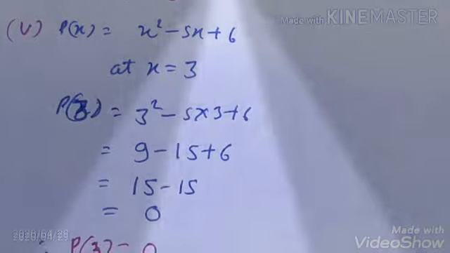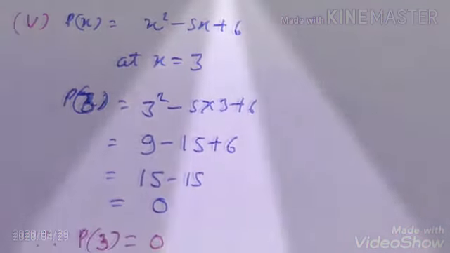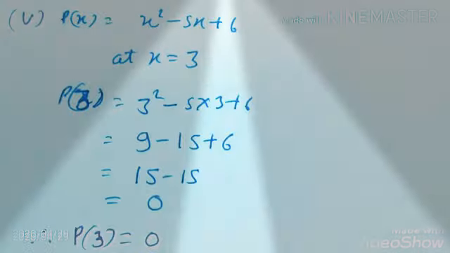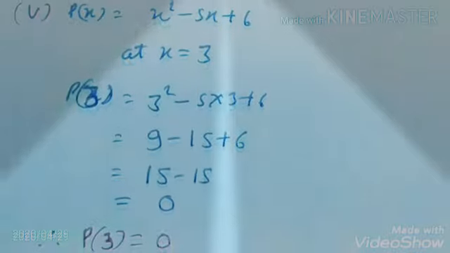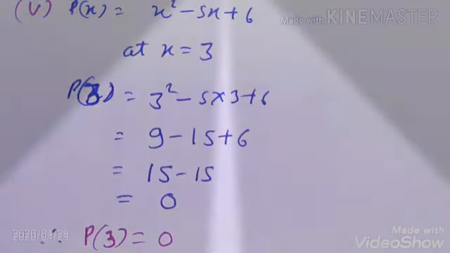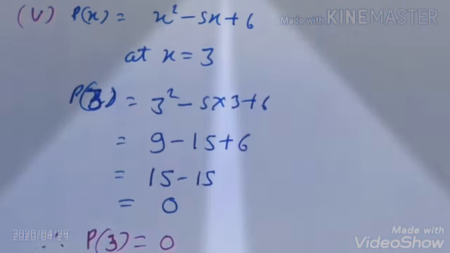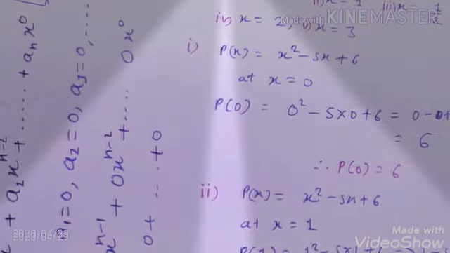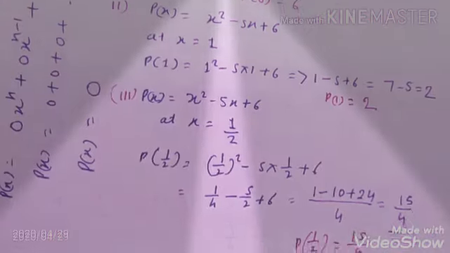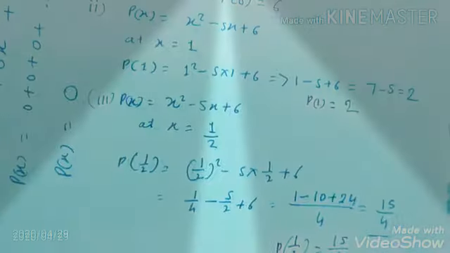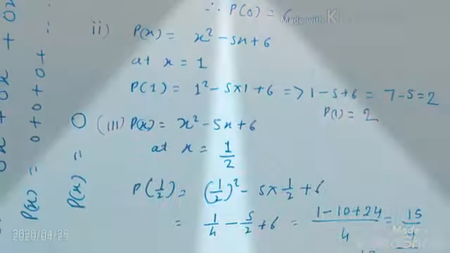So in this way, we have calculated different values of the polynomial at x is equal to a, where a is a real number. So we have learned how to find the value of a polynomial at a given value of the variable used. We have seen that in first part, second part and third part, the values of the polynomial were non-zero values, meaning greater than or less than 0.